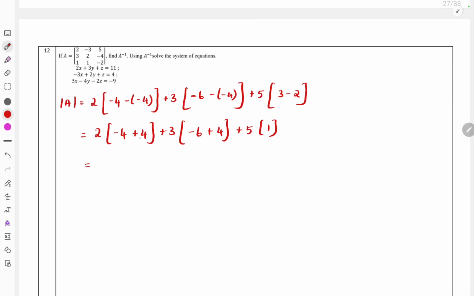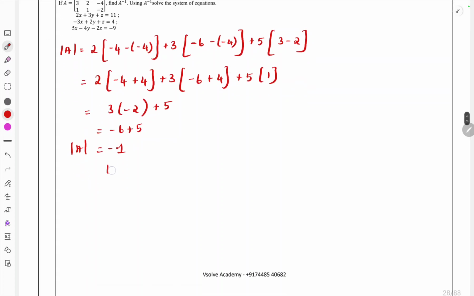So 4 minus 4, minus 4 plus 4 is 0, minus 6 plus 2 is minus 2 plus 5. So it will be minus 6 plus 5 equal to minus 1. So determinant of A equal to minus 1. Determinant of A is not equal to 0, which means A inverse exists. So how to find A inverse? We have to find adjoint of A, because A inverse is 1 by determinant of A into adjoint of A.